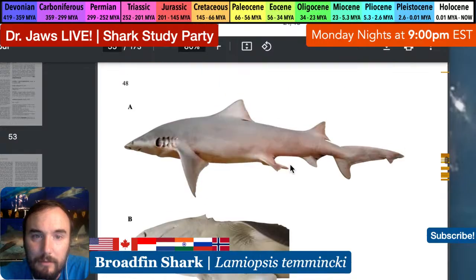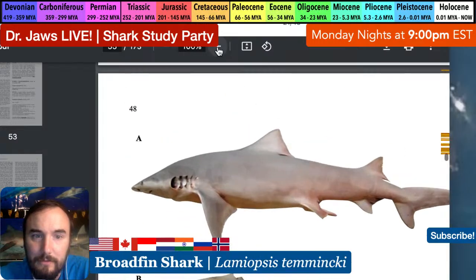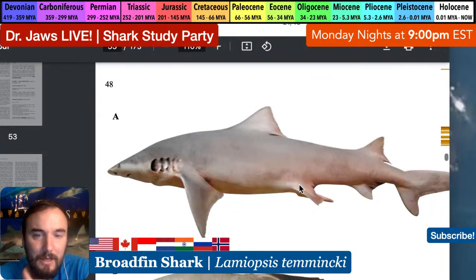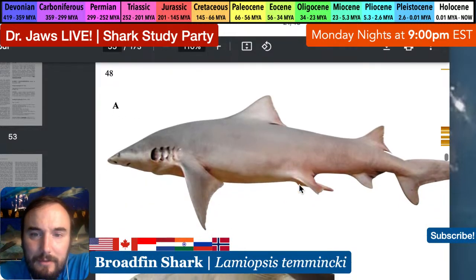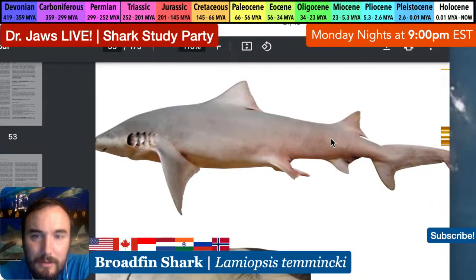And here we go. So this is the different species of Broadfin shark. So this is a cousin of tonight's species. And frankly, I can't tell the difference. It's hard to determine what makes a species different from the other one.